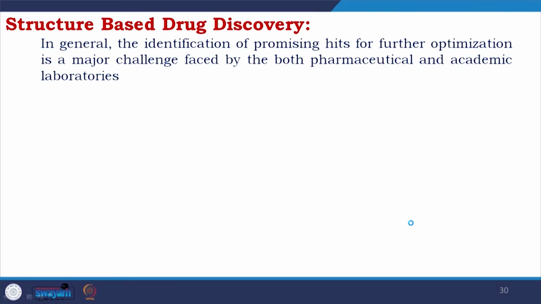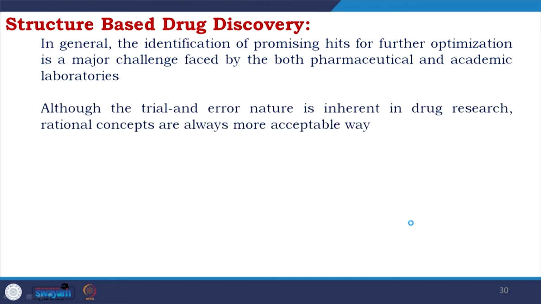In general, the identification of promising hits for further optimization is a major challenge faced by both pharmaceutical and academic laboratories. Although the trial and error nature is inherent in drug research, rational concepts are always a more acceptable way.